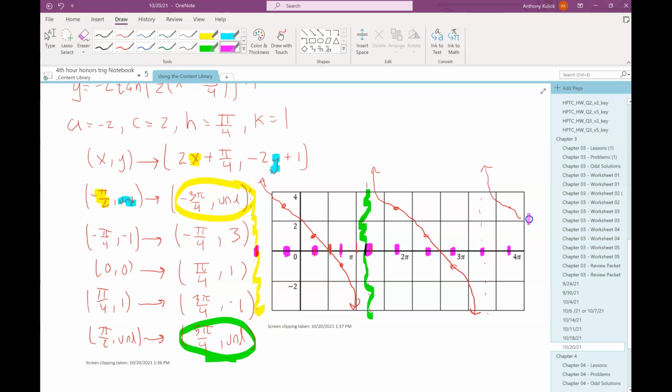Because the distance between points or features, I should say, including asymptotes, is going to be the same. Right, it's not like you're going to do 2 units over and then 4 units and then 3. It's all going to be the same interval in between the features there. Does that? Yep. Sure. It's just about trying to look at the problem, making it as simple as possible. You know what I mean?